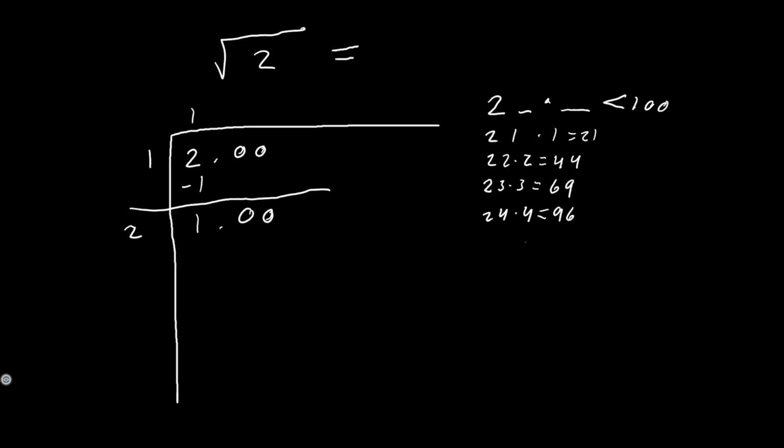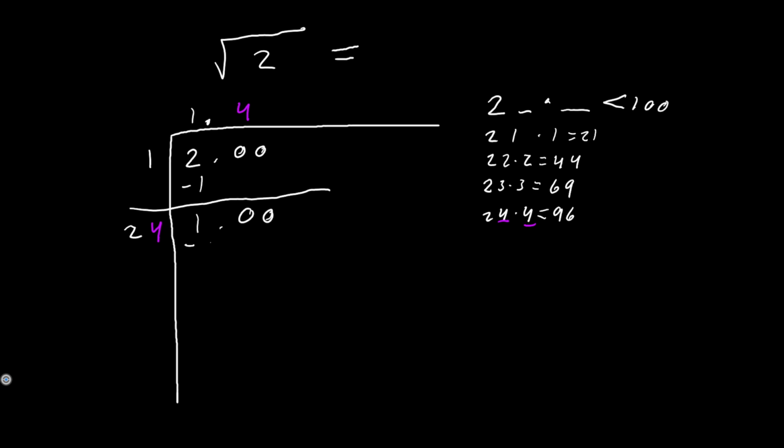Because if we do 25 times 5, that would just be 125. So our number now is going to be 4. So we have 4 here. So it's going to be 4 and 4.